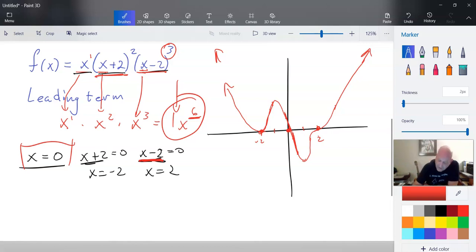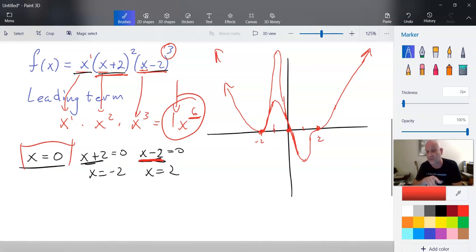Now, it would be really nice to have a better idea of these, because I don't know if it just humps out right here, or if it jumps way up here to like 5,000 and then screams back down and does this. I have no idea of the height here. And so sometimes you have to get a good idea of what the height looks like so that you can work out the rest of the function.